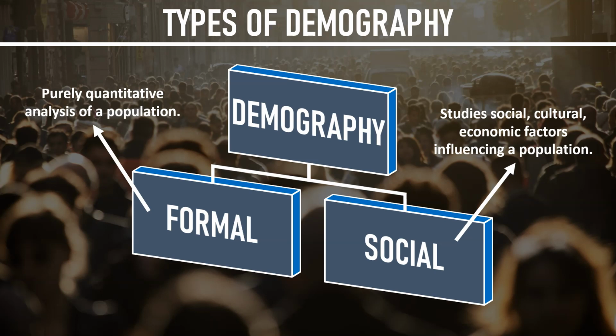And so this study is more familiar and related to sociology, which also studies society in an empirical or scientific method. It's not purely number based. I guess we could also call it a qualitative study of the population, because it studies external factors that influence the population itself. So in summary, the 2 forms of demography are formal and social.